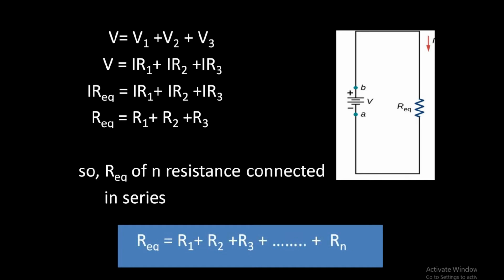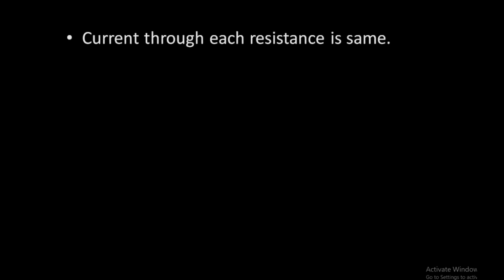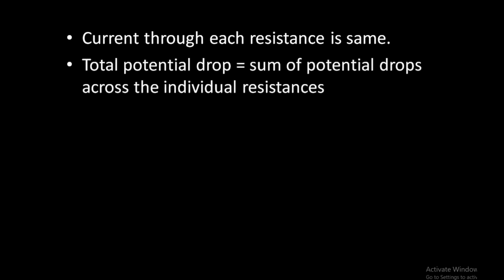Okay. Now let's see some important points about resistances in series combination. The first one is that the current through each resistance is the same. The next point is that the total potential difference is equal to the sum of potential drops across the individual resistances.